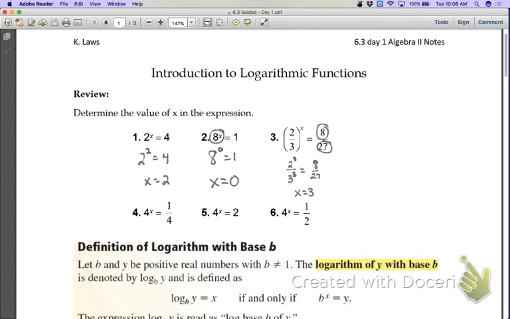So x is going to be equal to 3. If we have 4 to the x power, what did we do to the 4 to make it into 1/4? We just flipped it and made it negative, so x would be a -1.